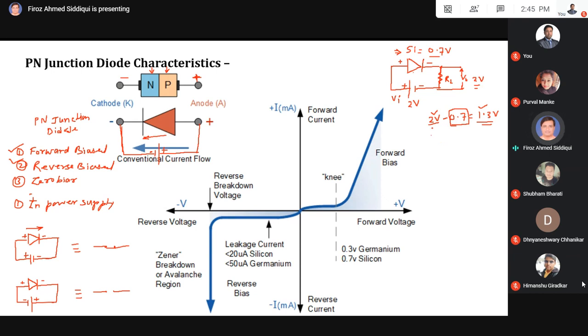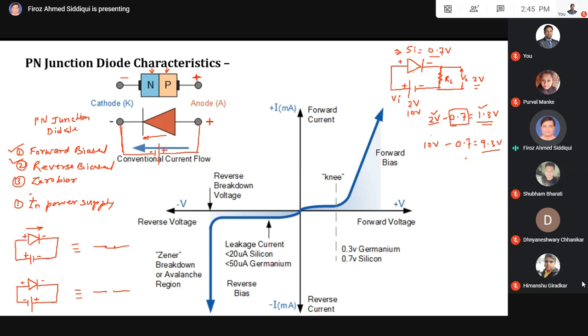Whereas if I consider 10 volt as a supply voltage instead of 2 volt, then what will be the voltage across the RL? This 0.7 volt will remain constant, because the diode is a silicon type. Then at the output, that is across the RL, we will get 9.3 volt.